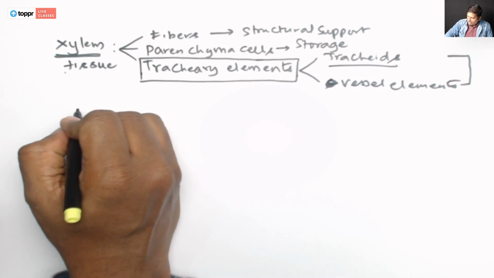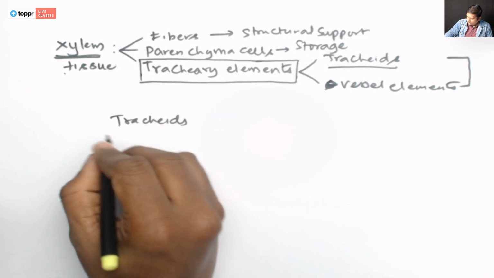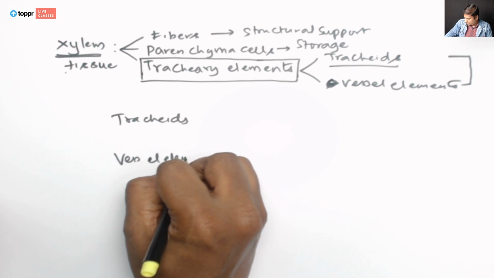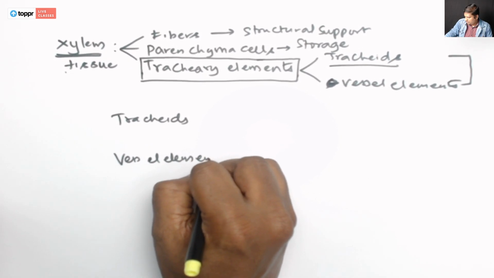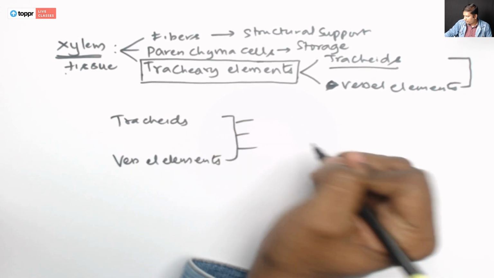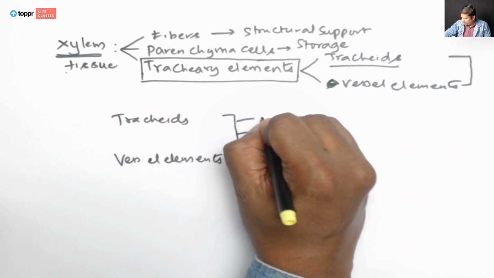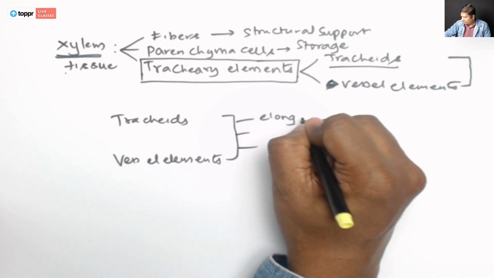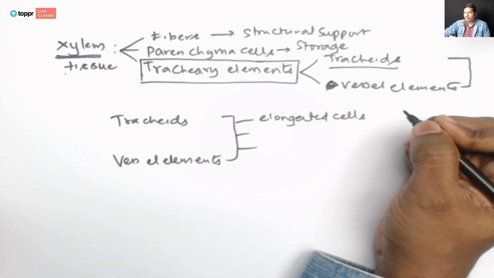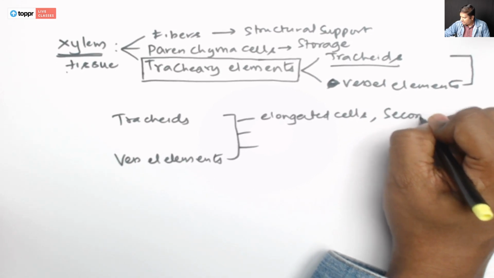Now between these two, tracheids and vessel elements, both of them have a few things in common. Both of them are made up of elongated cells, and they both have secondary cell walls.